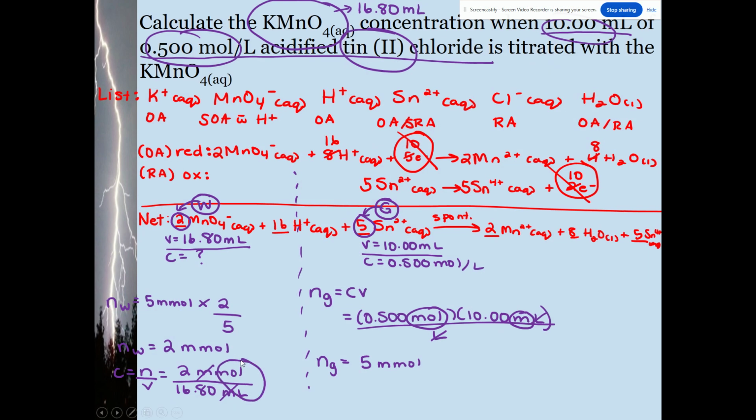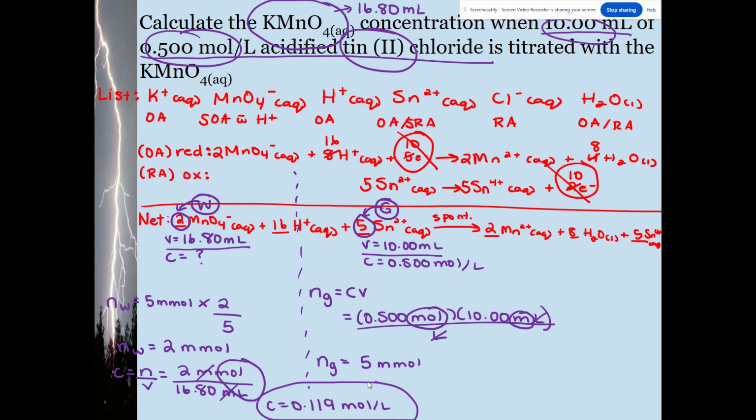If you want to convert everything into liters, that's fine. But I just find this to be a shortcut. So 2 divided by 16.8 gives me a concentration of 0.119. There's a 0 at the end there. I can have 3 sig digs. So my answer is 0.119 moles per liter. Okay?